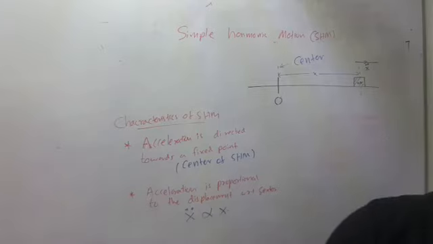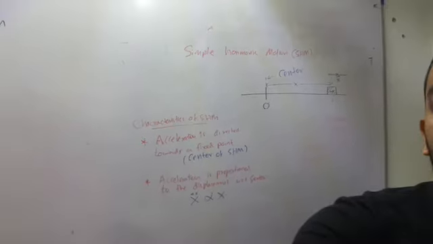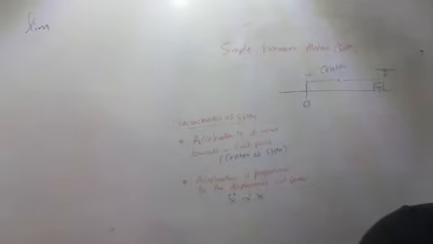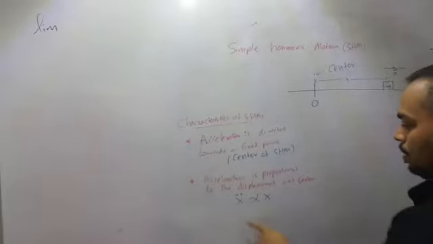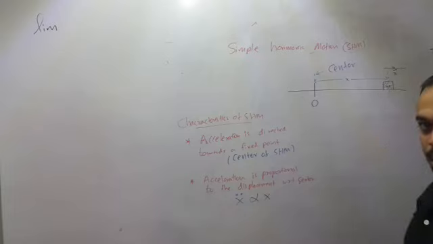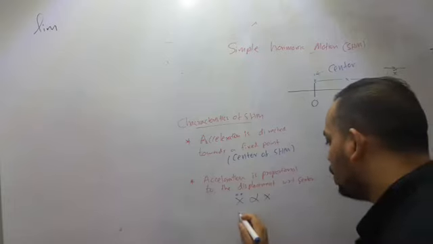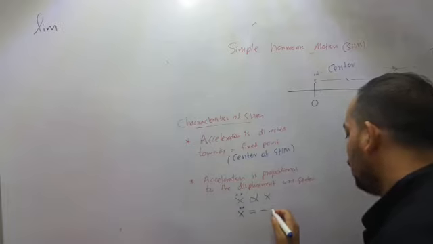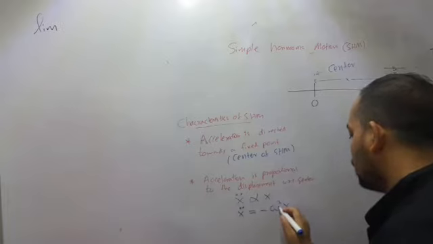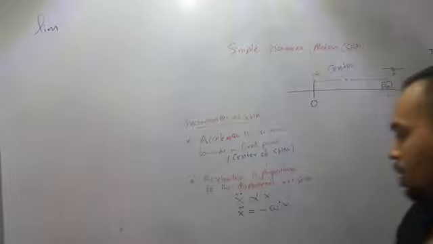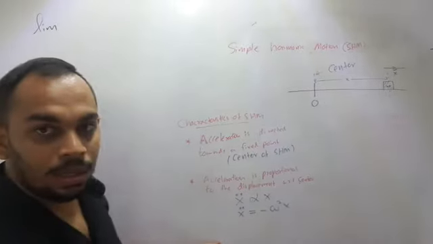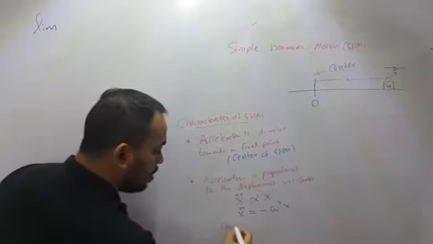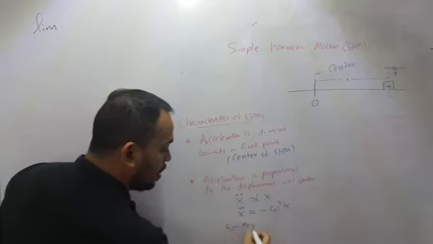Now this proportionality constant can be taken out by introducing a constant. So x double dot equals minus omega squared x. Here omega is the angular velocity, as you know.